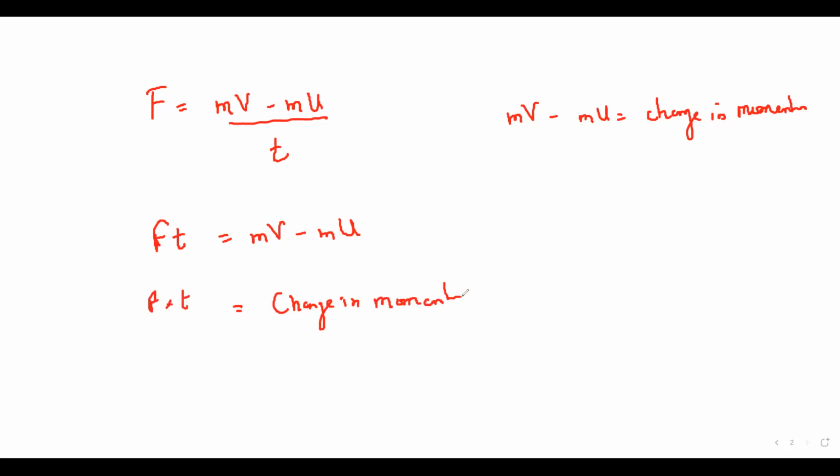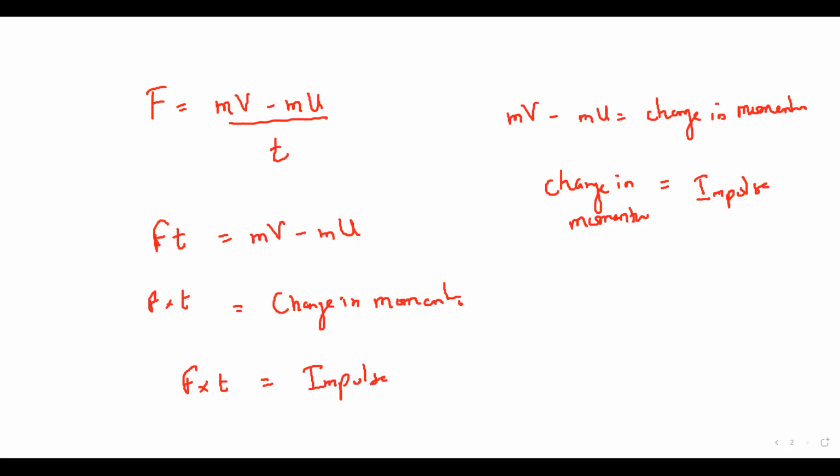And there is another term used for this change in momentum. The change in momentum is also known as impulse. So impulse is simply the change in momentum. So we can say force multiplied by time is equal to impulse.